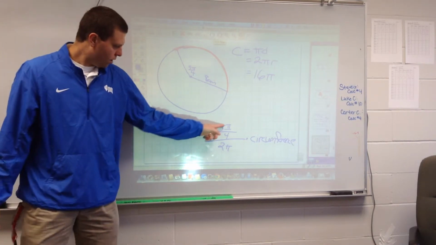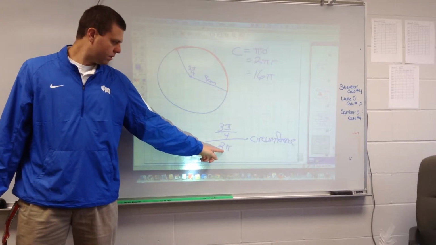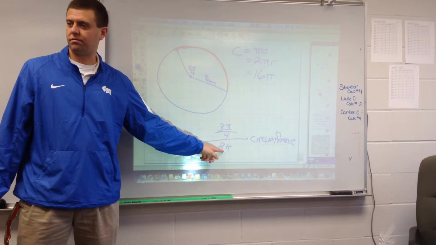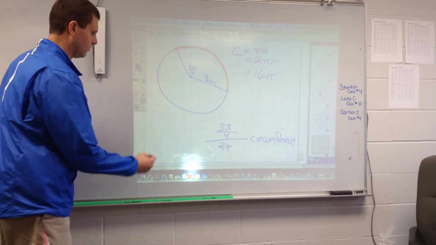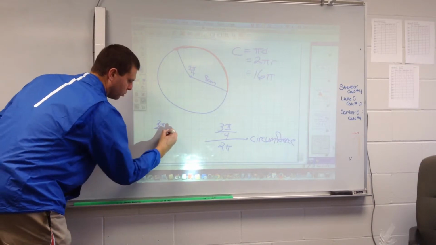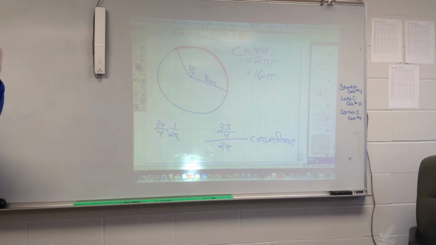Alright? Well, 3/4 pi divided by 2 pi is going to be 3/8. Because 3 pi over 4 divided by 2 pi is like multiplying by 1 over 2 pi. When you divide by something, it's like multiplying by the reciprocal.